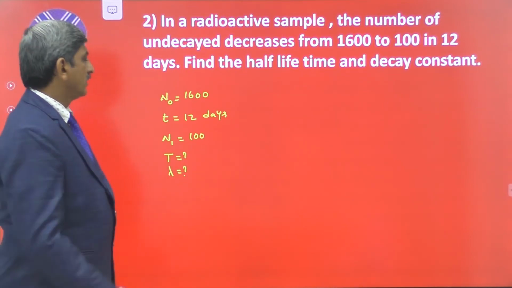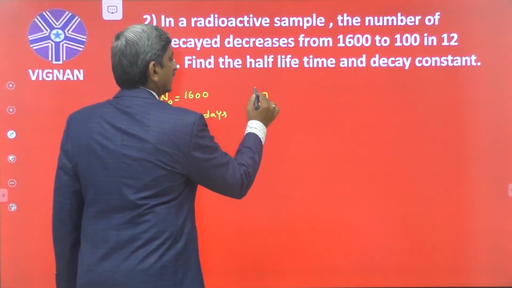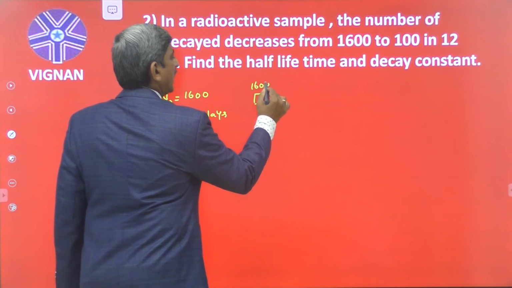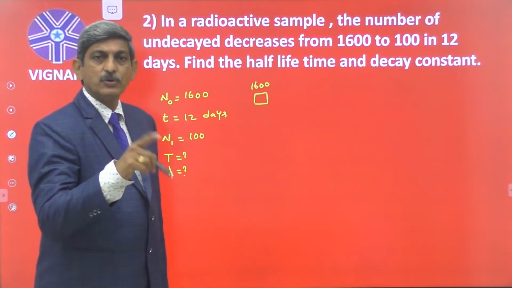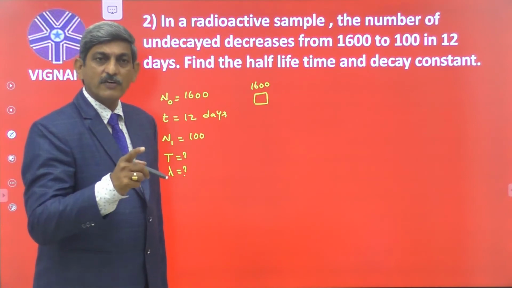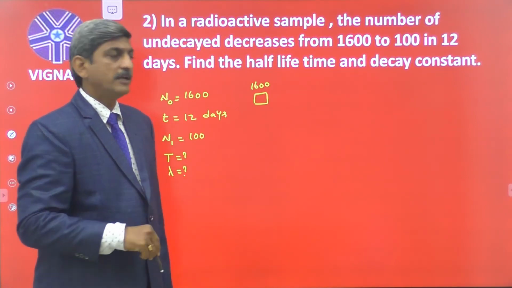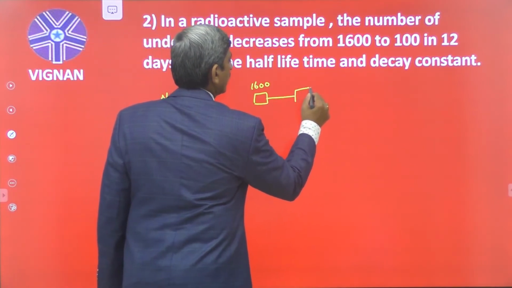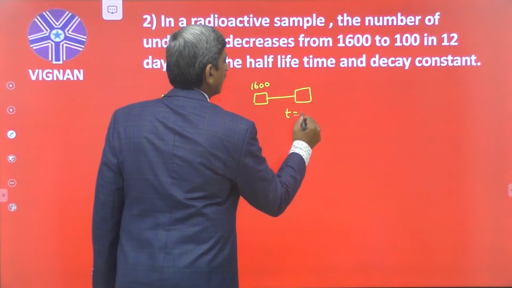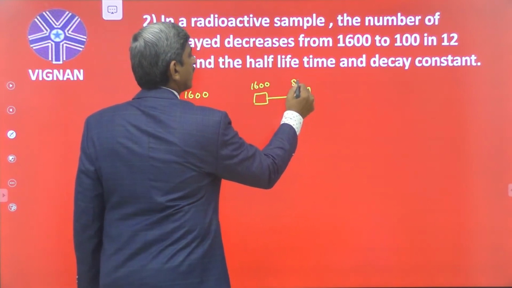Now, already we know that after each half lifetime, half of the number of the nuclei decayed and half of the nuclei left undecayed. That's why when the time t is equal to 1 half life, half disintegrates and half is present.